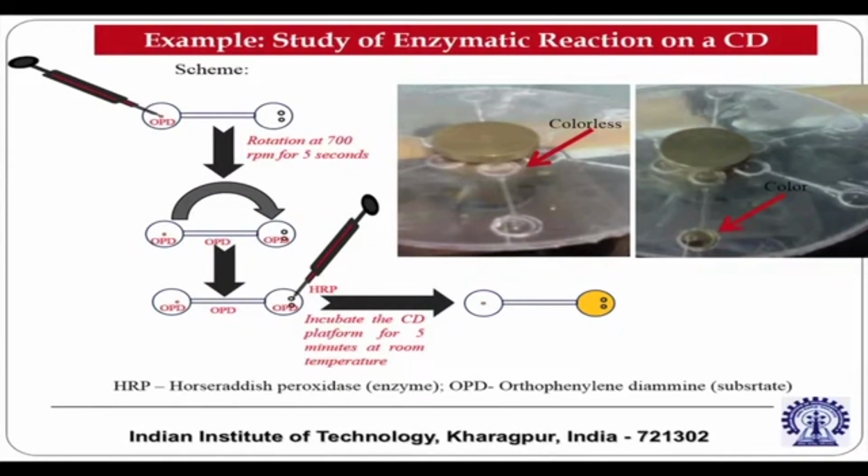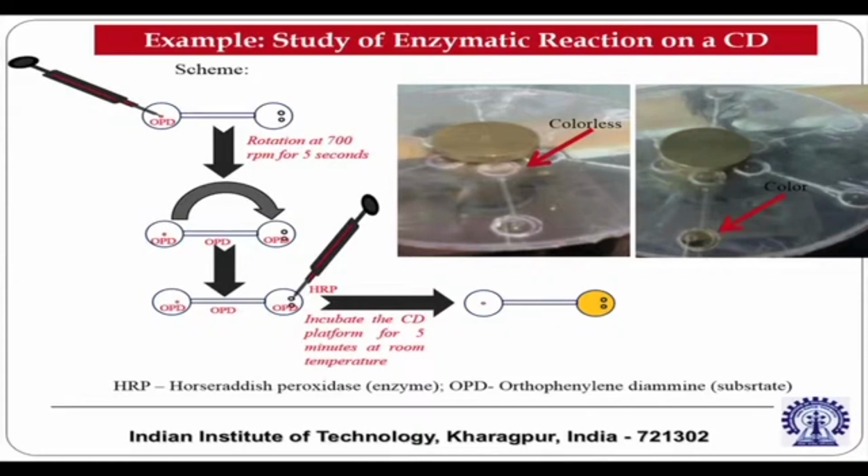You can study several reactions in a compact disc, like enzymatic reaction on a CD, for example, because by a single rotation you can actuate the movement of blood in many radial and cross radial channels, and each channel can make one test.